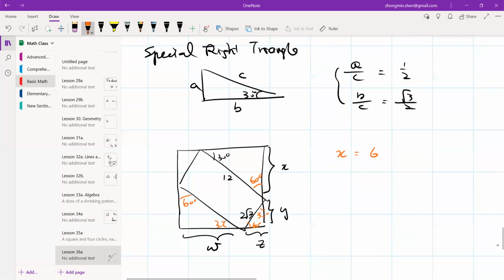Now, how about Y? Y is going to be square root 3 over 2 times 2 square root 3. After you cancel the 2, you get 3. Z is again 2 square root 3 times 1/2, which is square root 3.